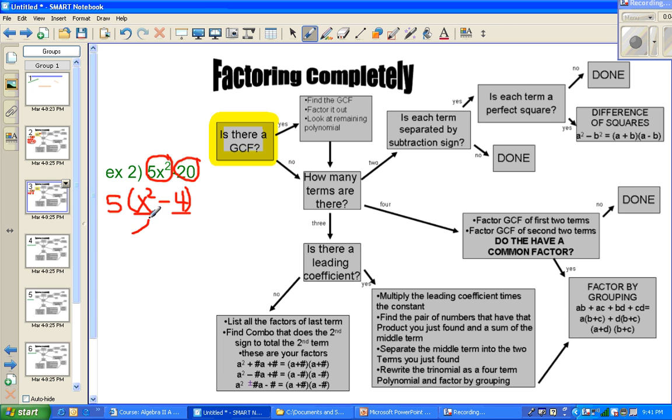Now just for review, a perfect square is when you can multiply the same thing times itself to get that value. So x squared is a perfect square because x times x is x squared. 4 is a perfect square because 2 times 2 is 4. So then our answer to this is yes. And then that tells us that we are going to factor this one using a difference of squares.